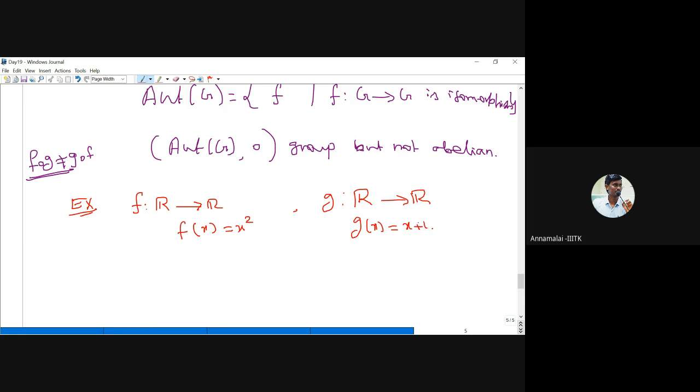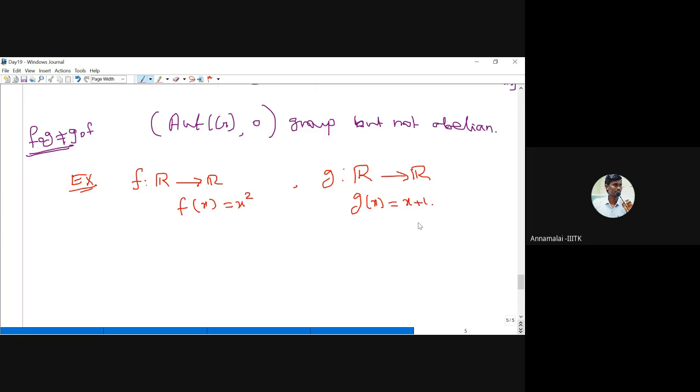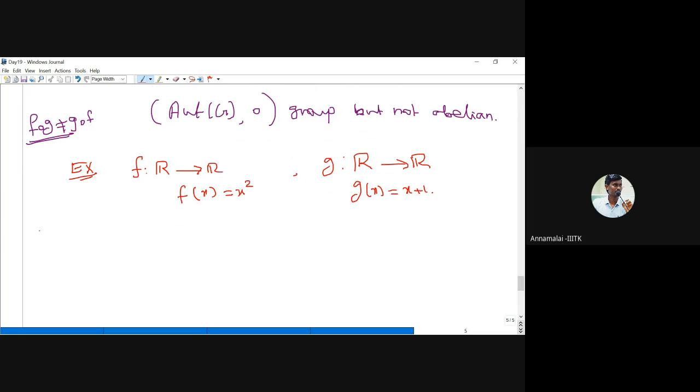Now we can talk about f composition g as well as g composition f, because both functions have the same domain and codomain. What is f composition g at a point x? By the definition of composition, this is f of g of x, which is f of x plus 1. f of something means you have to square it, so x plus 1 whole square, which equals x square plus 2x plus 1.